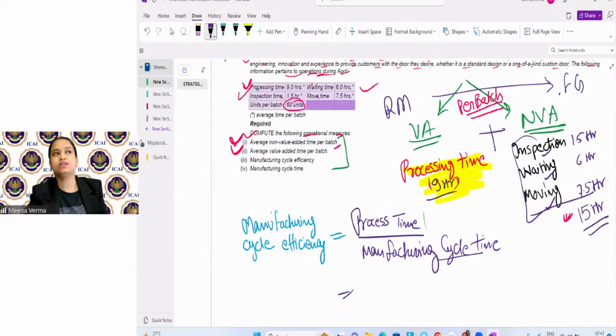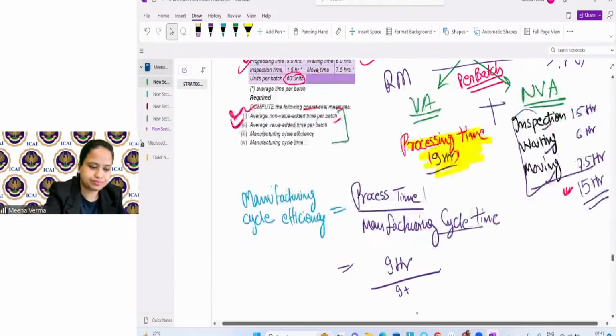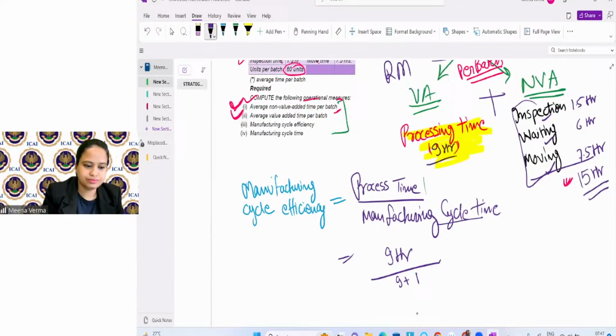So all this time is consumed during the production process, so it will be a part of manufacturing cycle time. Manufacturing cycle time will include both processing time and all these times. So I will say process time is 9 hours, and the manufacturing cycle time is 9 plus 15 hours. Add it, solve it, you will get the answer.